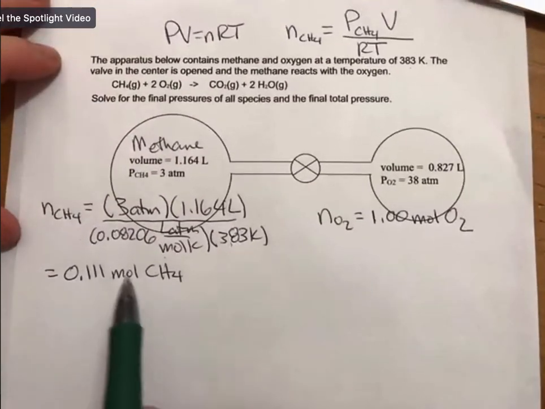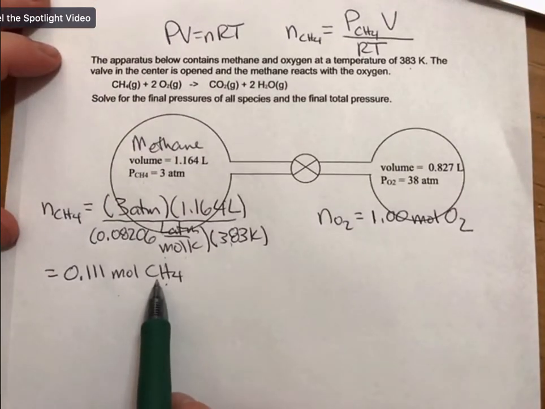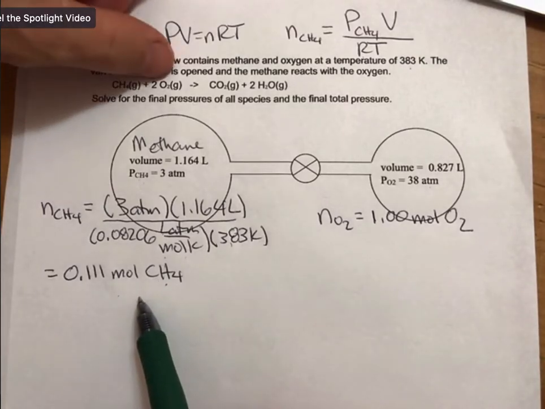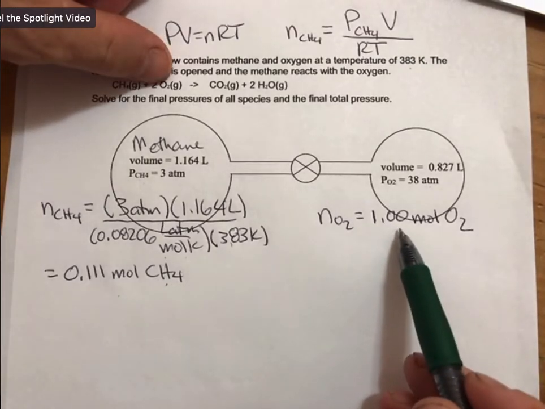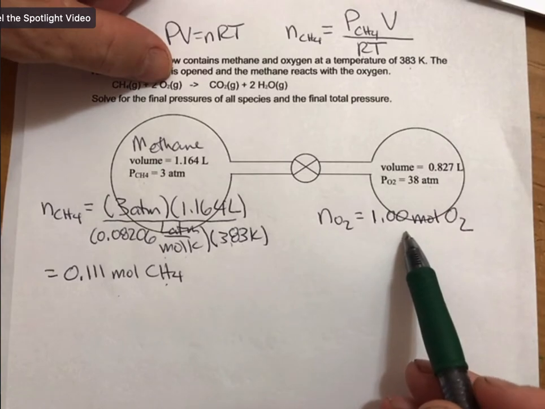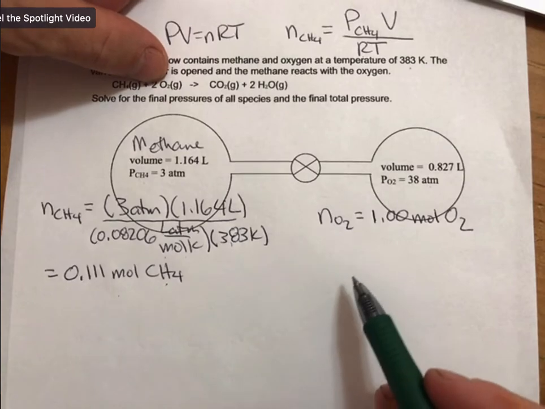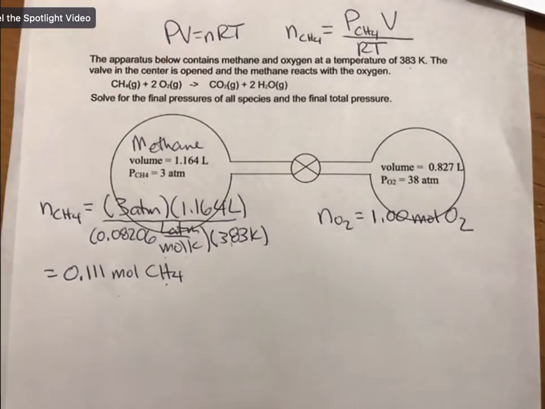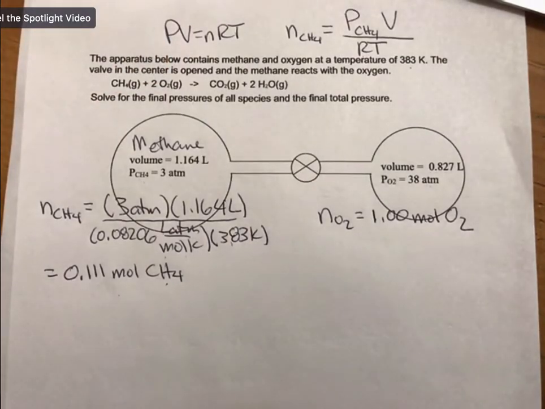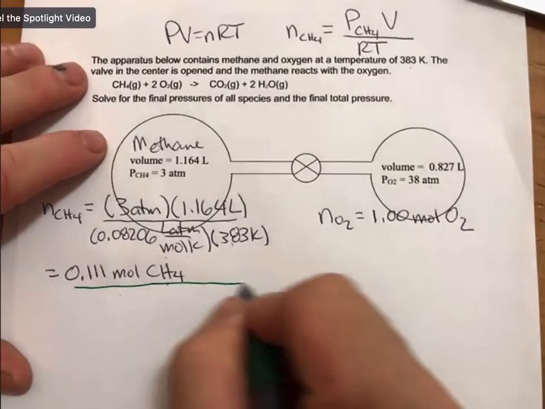It's going to be my methane because it's a 1-to-2 ratio and I've got more than double my amount of oxygen. These kinds of hints are always useful, and they can guide you onto what work you need to do. But since this is the video that I'm going to be putting together for the homework, I'm going to do everything for this one.